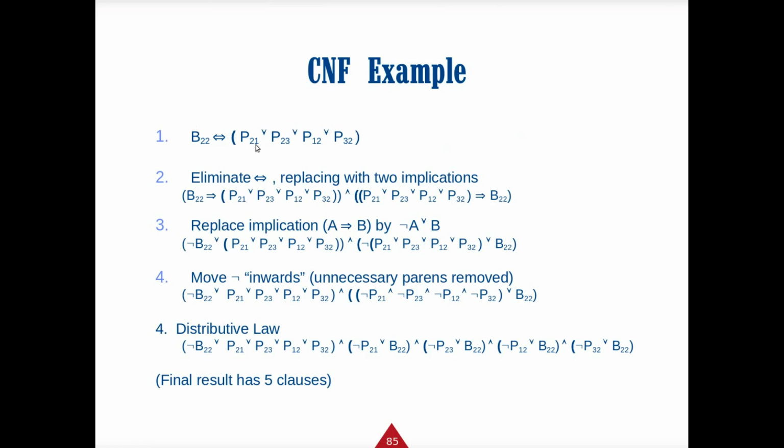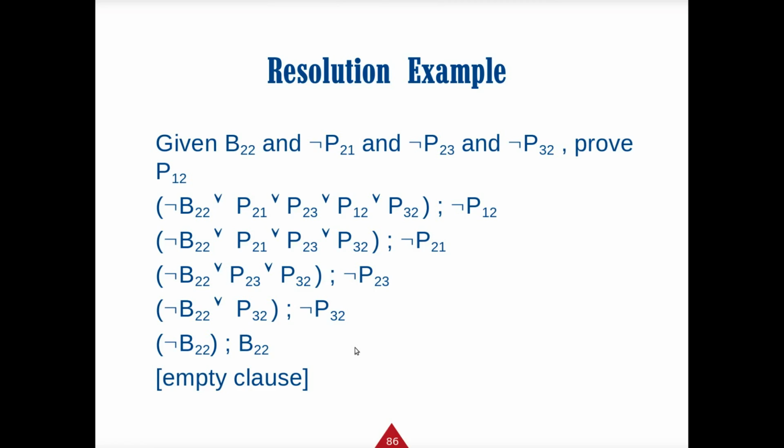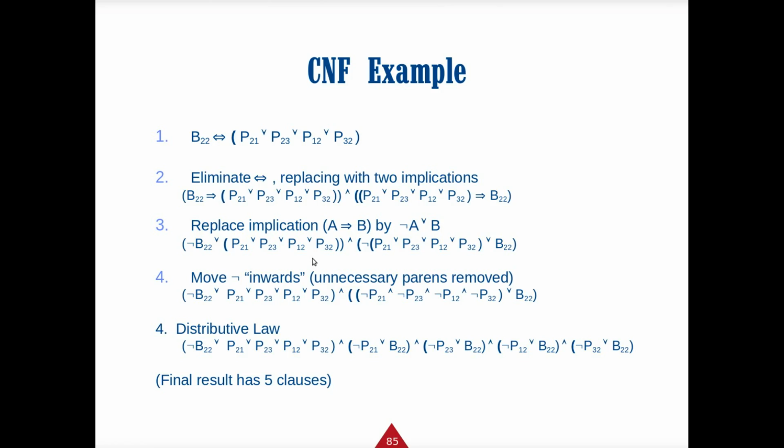Given this statement, we're going to eliminate the if and only if, then the double negation, and replace implications with the symbols, and then we move negations inwards to get rid of different parts. So we have this statement and this statement, apply the distributive law, and then we have these 5 different clauses.